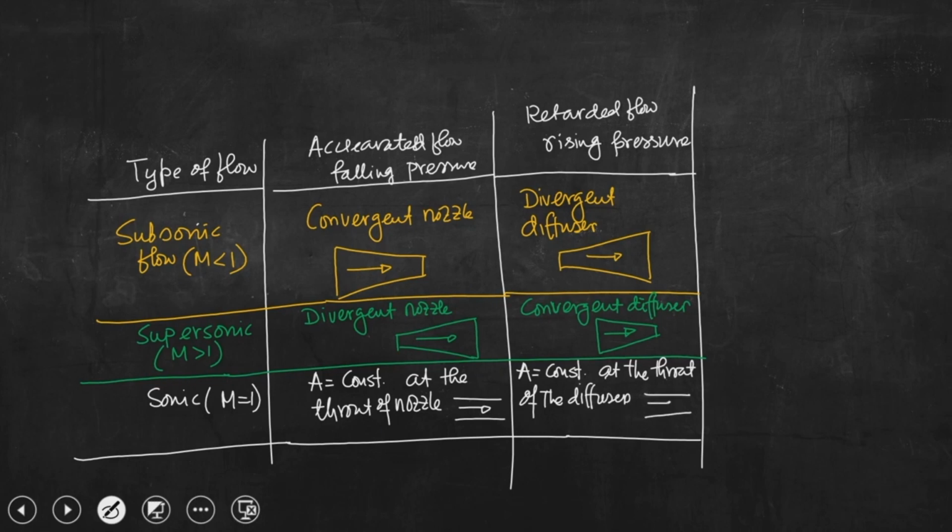So, this is the flow direction. So, this is what we have discussed. We have summarized in tabular form what we have discussed pertaining to this particular equation that we have derived in the last class.